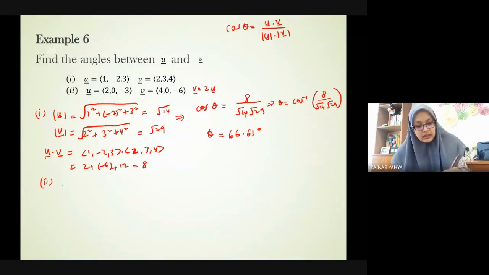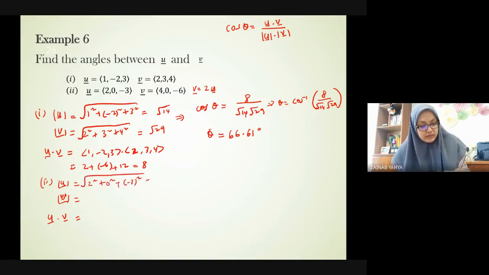It's okay. For U, you find the magnitude of U, find the magnitude of V, and then find U dot V. Magnitude of U is the square root of 2 squared plus 0 squared plus negative 3 squared. Magnitude of V, 4 squared plus 0 squared plus negative 6 squared. So what's the answer here? 4 plus 9 is square root 13.